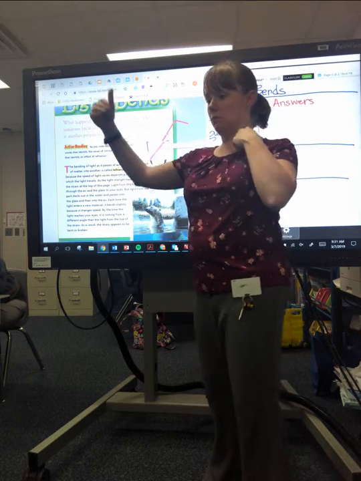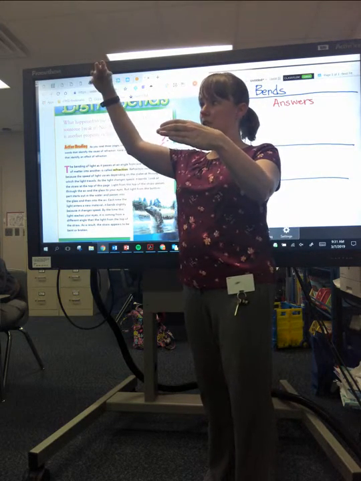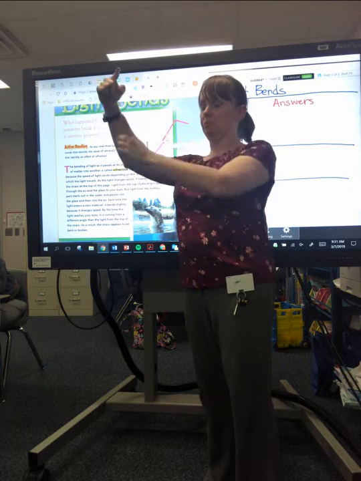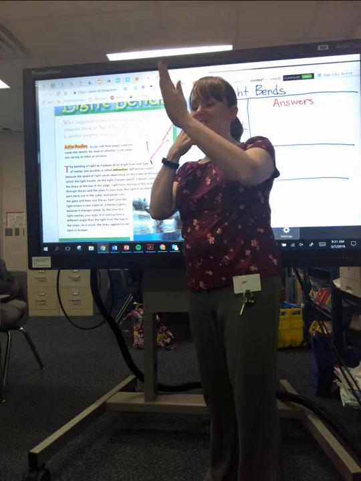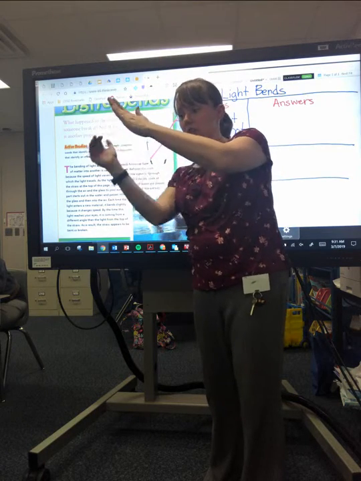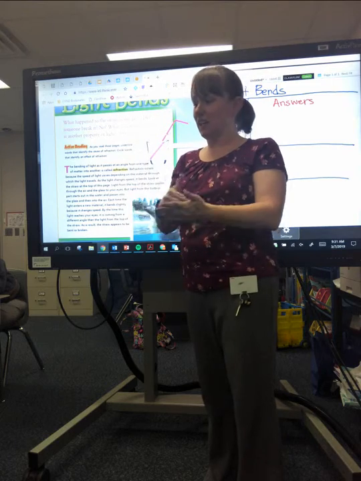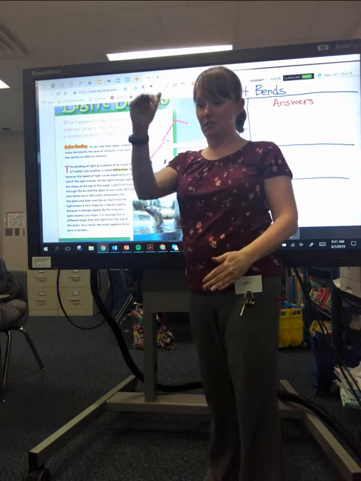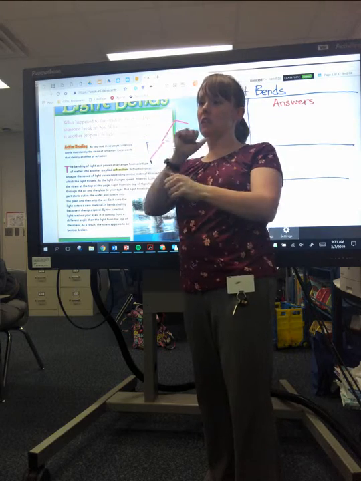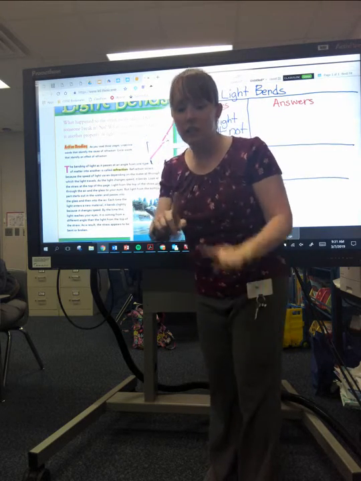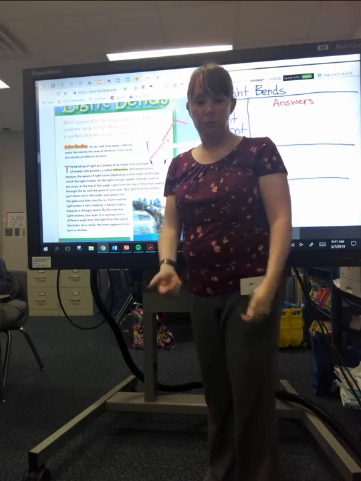So here's your cup. Here's the light. It's going through. Here's the angle. And then it hits the glass, and the angle changes, and it bends. Then there's a straw, and it bends again. And it changes. Well, it doesn't change the shape really, but it changes what our eyes see the shape.